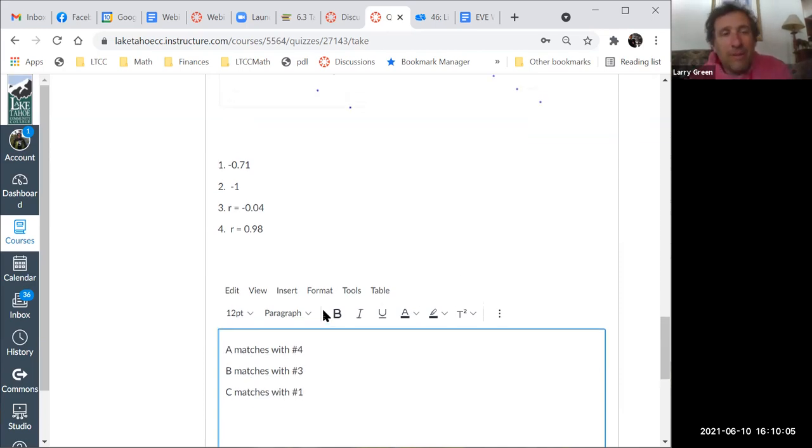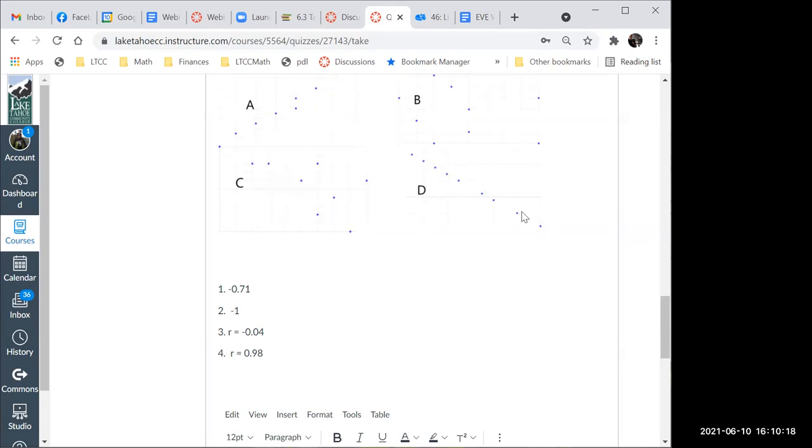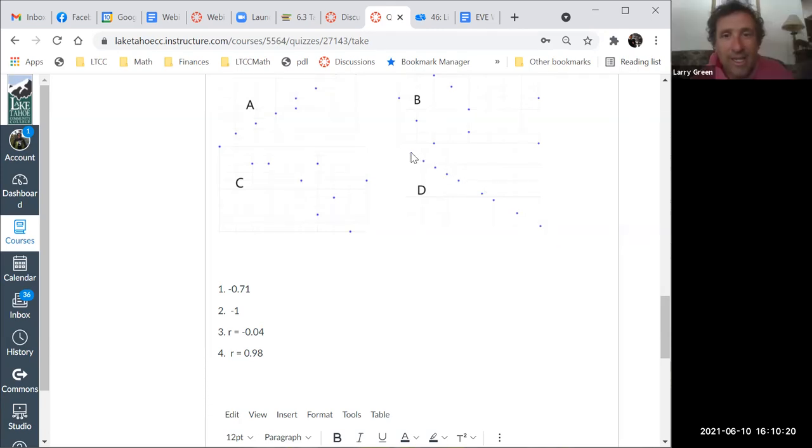I know we could do it by the only one left, but we should look at this. You look at the points on D, and what do you notice about every one of these points? They're in a perfect line. Yeah, they are exactly fitting a line. And what's the slope of that line? Is it positive or negative? Negative.